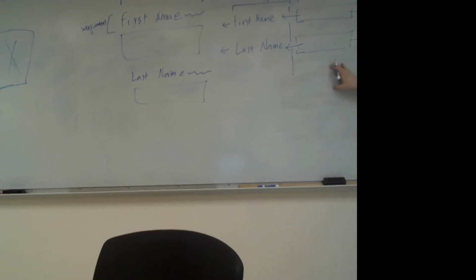That means if we get a larger screen, I've got more space for my text fields. These will stay the same size, but these will get bigger, which is going to look okay.